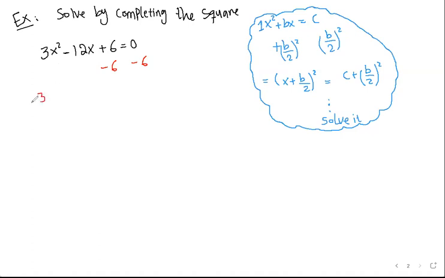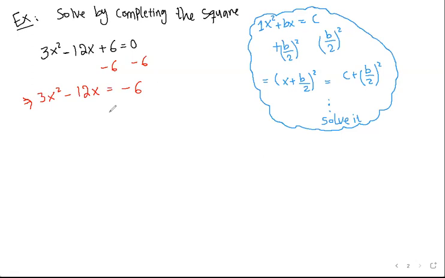When I subtract 6 from both sides, I get 3x squared minus 12x equals minus 6. So this is the first step. I put the variables on one side and the numbers on the other side.